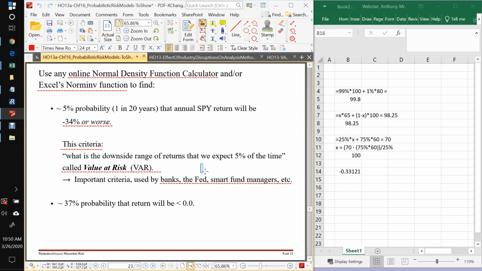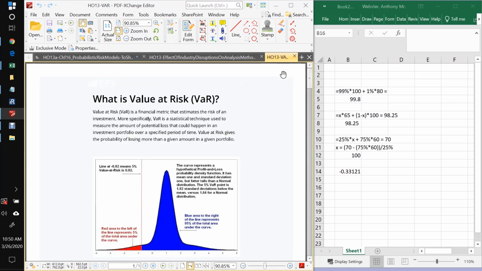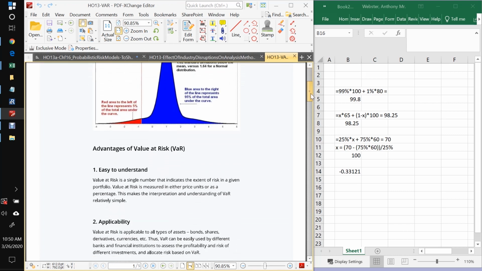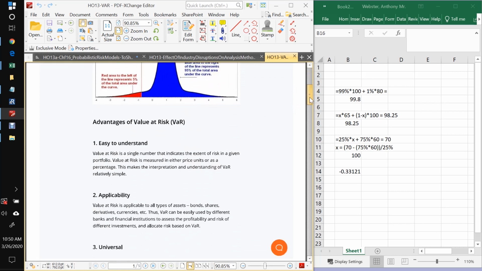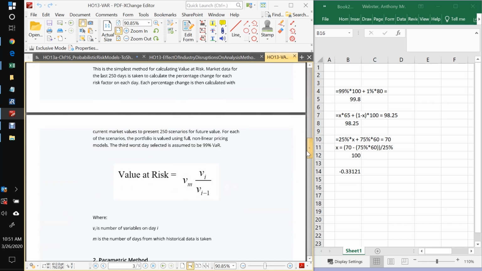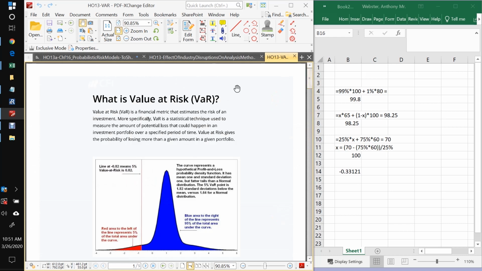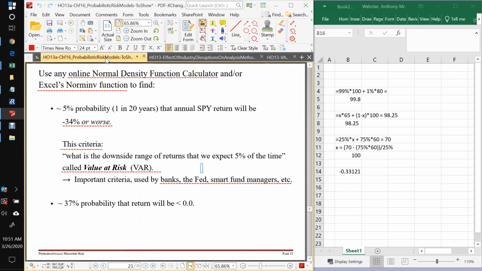It's used all over the place. Jamie Dimon at JP Morgan Chase gets a 20-page value at risk report on his desk every day, looking at the value at risk of various investments and strategies used by JP Morgan Chase. And I do have another article I've put up in readings for us from the CFI group, not to be confused with the CFA Institute, on more about how VAR works and what it is. So if you're more interested in that, you can look at that article.